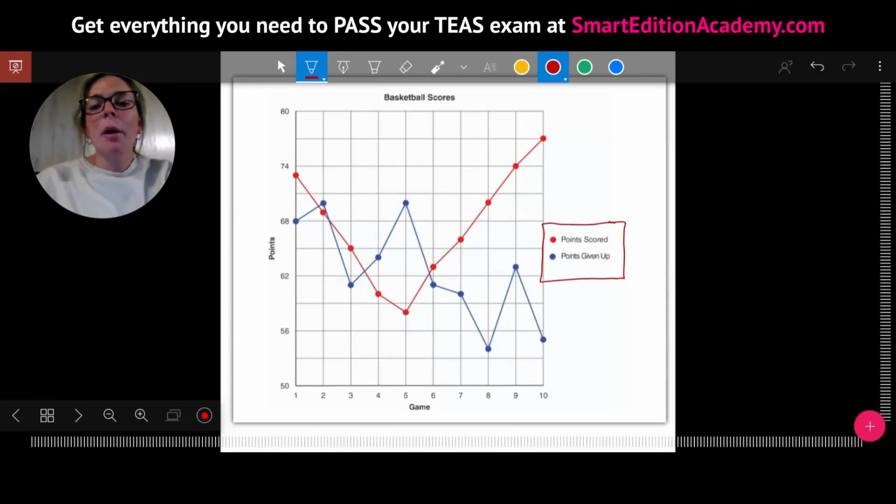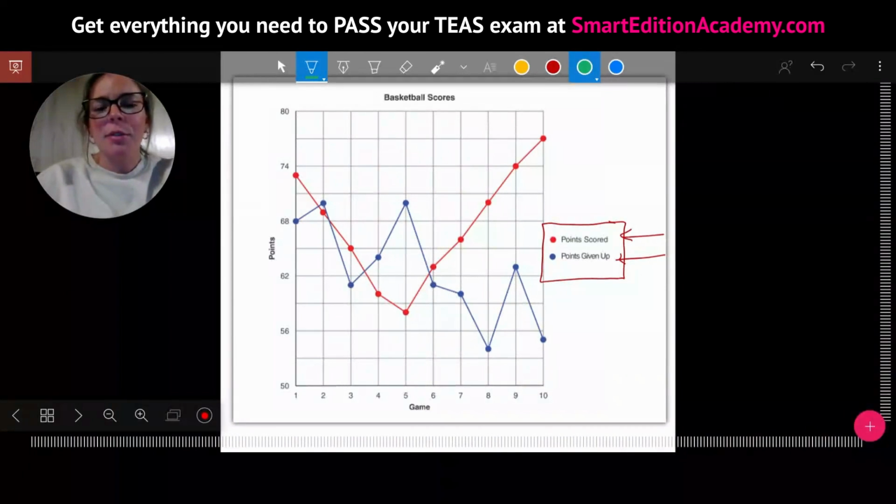So if I'm talking about a basketball game, if I score more points than I give up, my team wins. If I give up more points than my team scores, we lose, right? So let's use that information to answer a few questions. So how many games did they win? So if we're looking at our points scored and points given up here, let me just change my color.